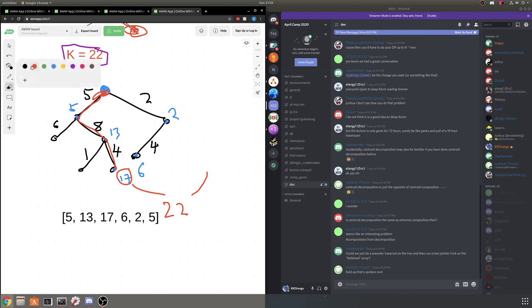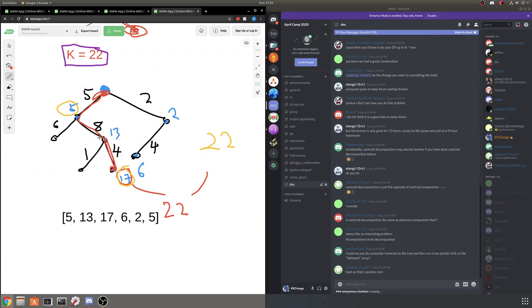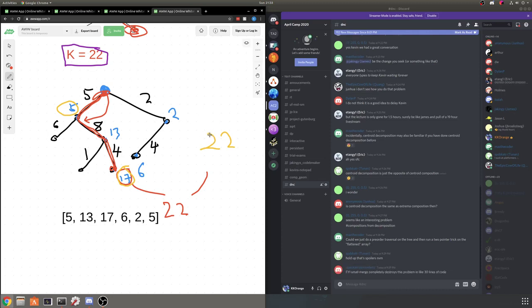You might be tempted to say, well, we have a 17 here, and we have a 5 here. Their total sum is 22. So we found a path. But we've cheated, because this path actually goes from here up to the root, then backtracks on itself to go down here. And while yes, that's a path that has length 22, we can't do that. That's not a valid path.